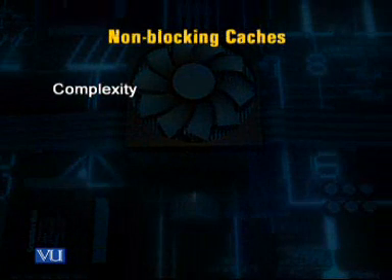The miss under miss may further lower the effective miss penalty by overlapping multiple misses. However, an added complexity of multiple outstanding misses is that it is now possible for there to be more than one miss request to the same block.